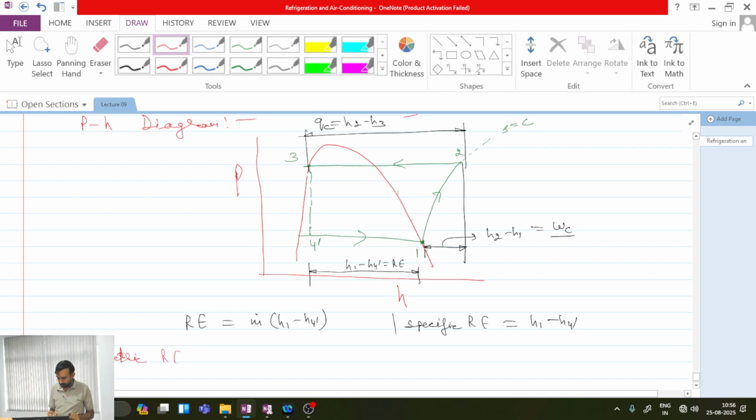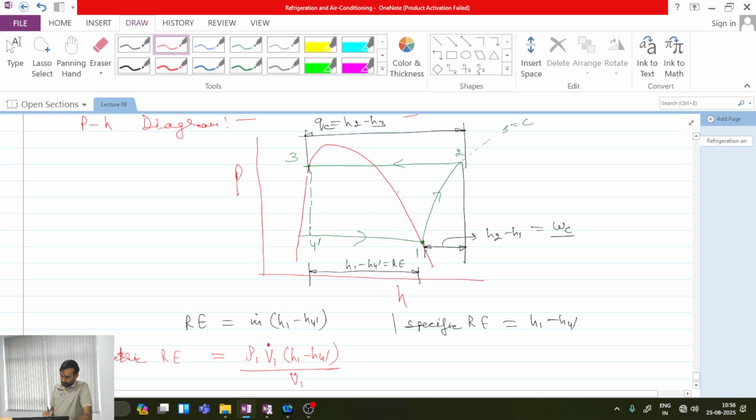What is the meaning of volumetric refrigeration effect? Mass flow rate at point 1 you can write as nothing but density at point 1 into volume flow rate at point 1, into h1 minus h4 dash, divided by the volume flow rate v1 dot.